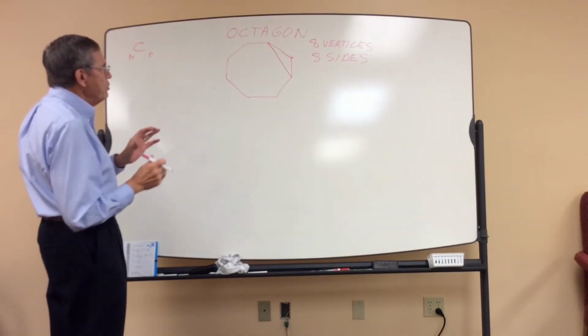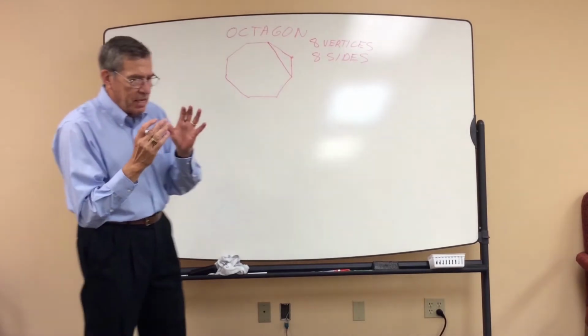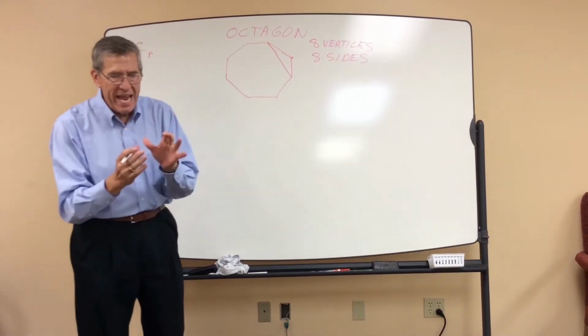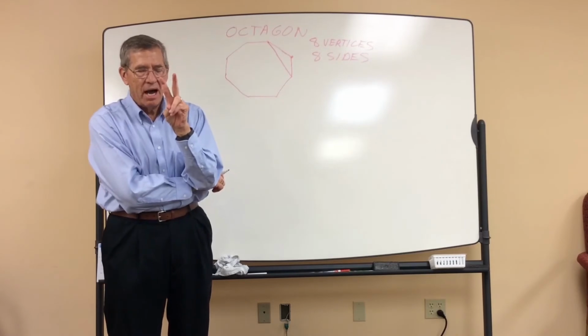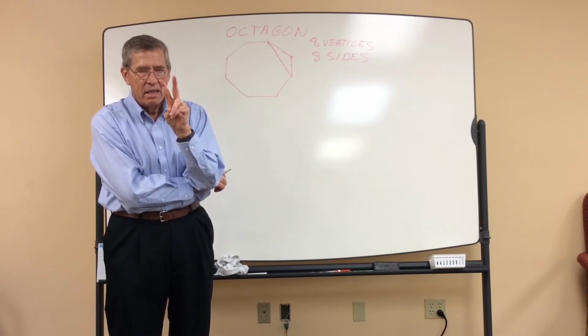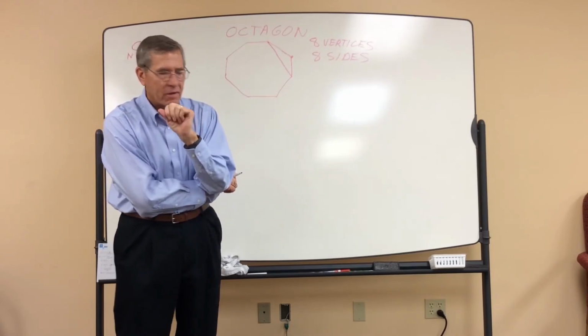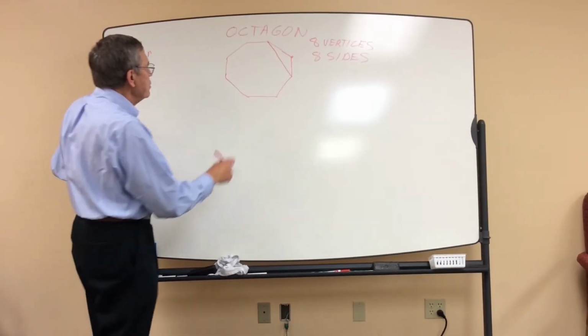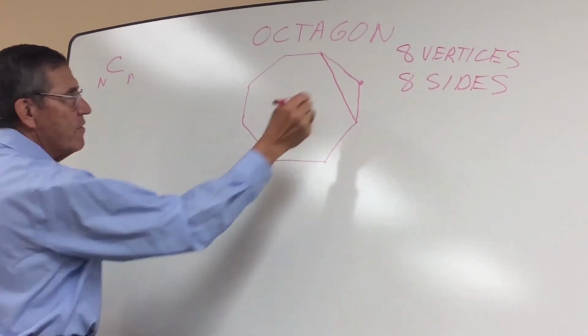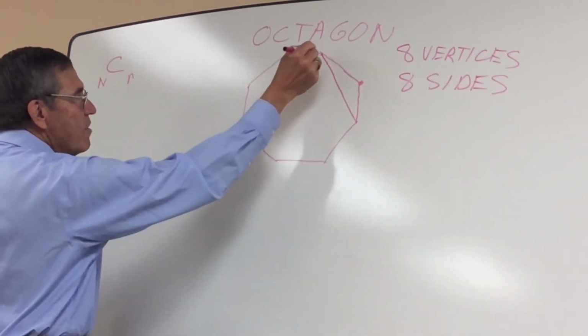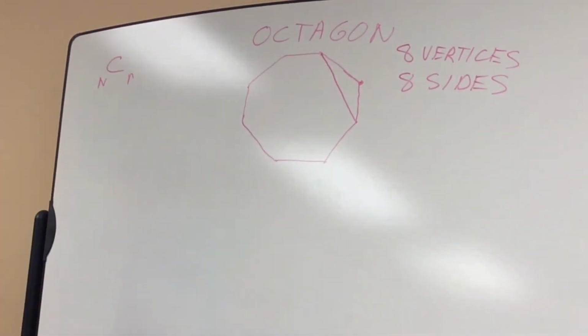And so what we're going to do is ask ourselves, how many different ways can you connect 2 points in an octagon? So, from here to there is a side, from here to there is a side, from here to there is a diagonal.